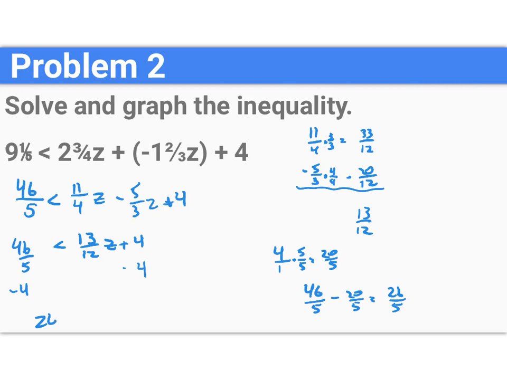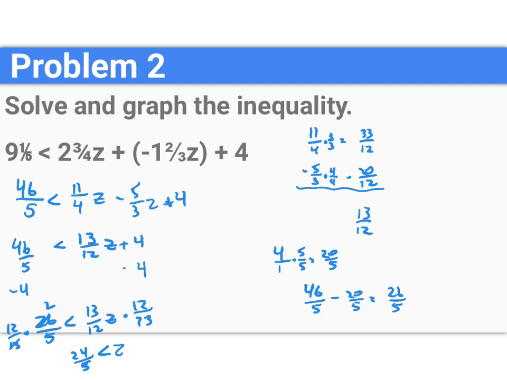So you get 26 over 5 is less than 13 over 12 z. Multiply by 12 over 13 on both sides. That cancels. That's 2. 2 times 12 is 24 over 5.